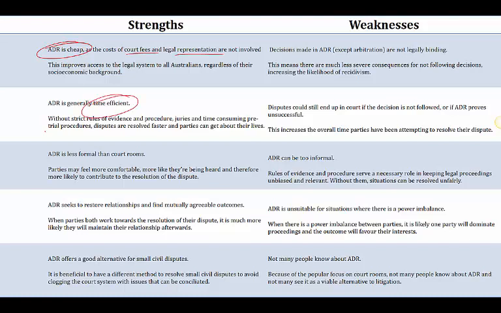They're generally quicker, less formal, which can be important to reduce stress and improve accessibility. They're about mutually agreeable outcomes, and they're good for small civil disputes. I know we said that they're good for all disputes, but they are good for small civil disputes where there's not a lot of money involved, so it would be pointless going to court where it's really expensive.